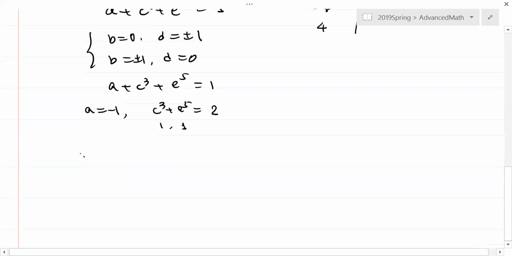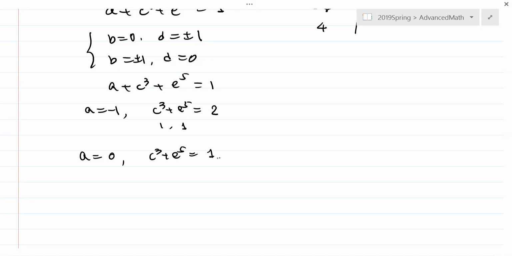Okay, so when a equals 0, CQ plus e to the 5th is going to be 1. So in this case, yeah, here you get one solution, right?